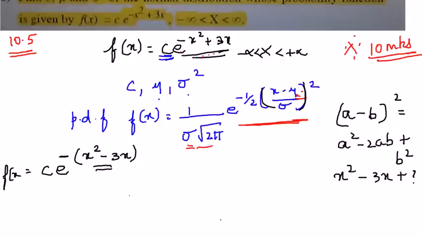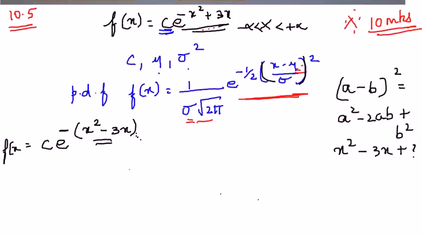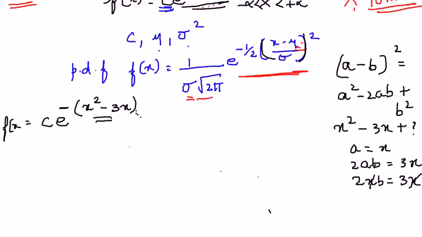You don't have a b squared here. That is what you have to find out. So if a is equal to x, 2ab is equal to 3x, then you substitute for a here, you get 2xb is equal to 3x, cancel x on both sides, you get b is equal to 3 by 2.